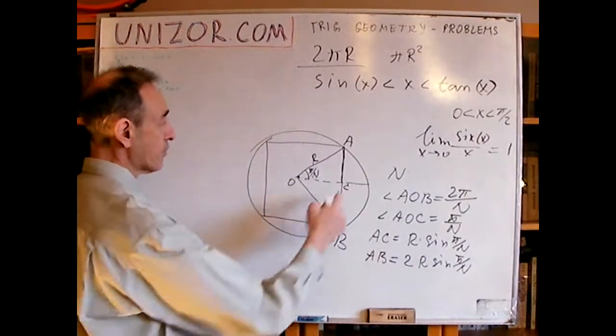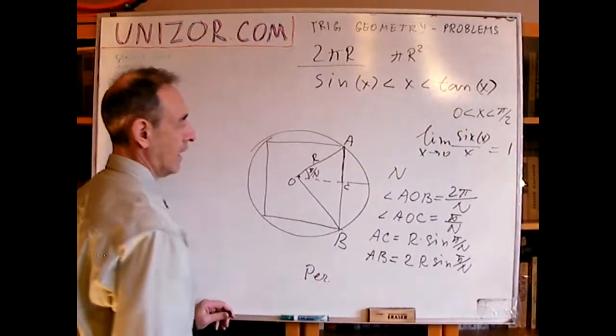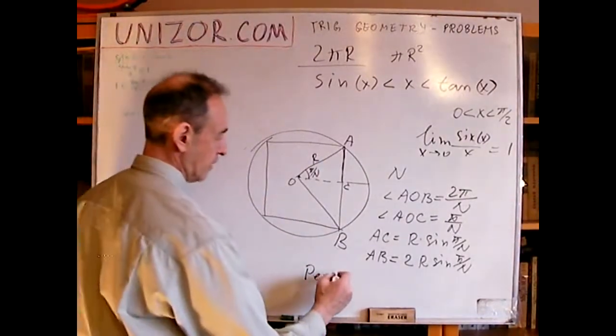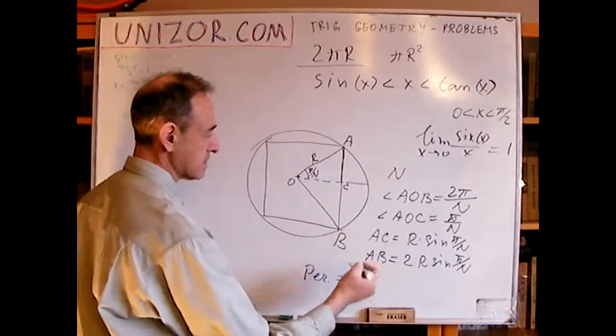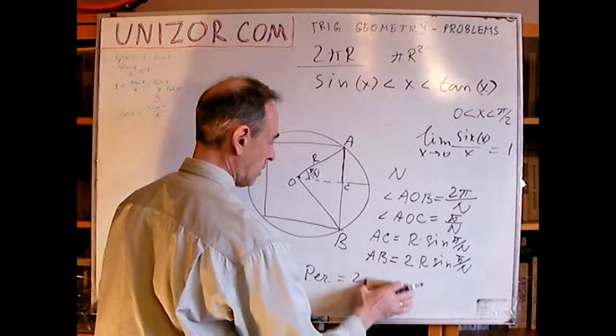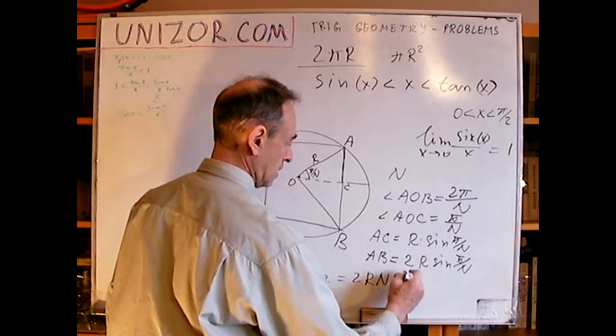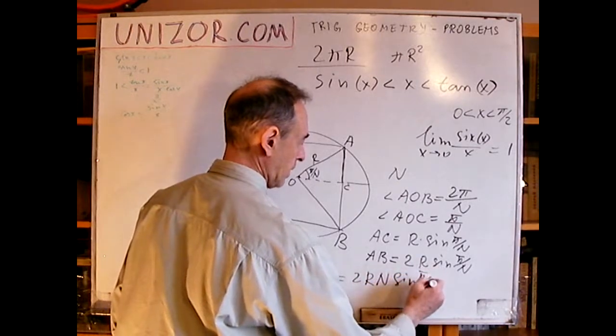And therefore the perimeter of the entire n-sided polygon is equal to n times the side, which is 2R n sine pi over n.